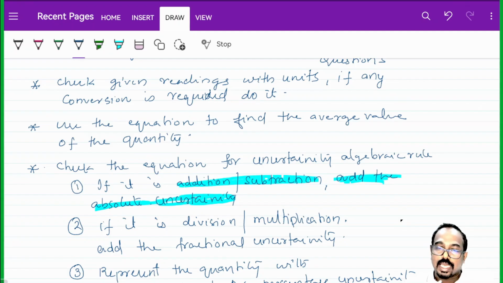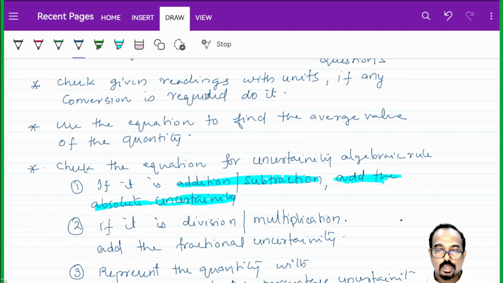Okay. Second one, after checking the measurement, you will find out the equation, right? Using that equation, you will find initially what is the average value of the quantity. Then after finding out the quantity, you will check that equation and what operation is done to calculate the quantity. Maybe addition, subtraction, multiplication, division, right?